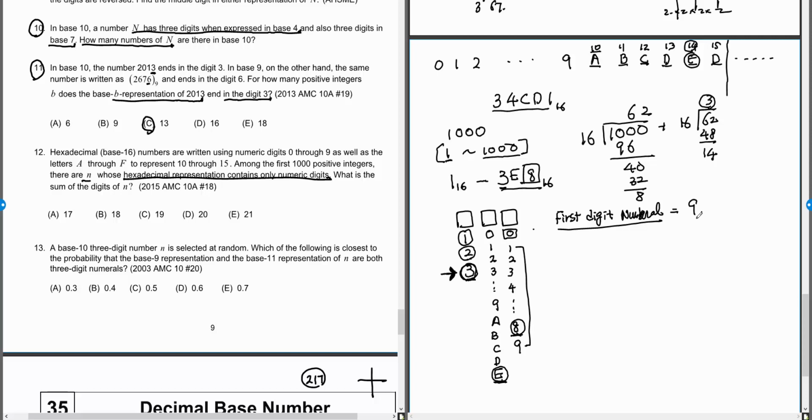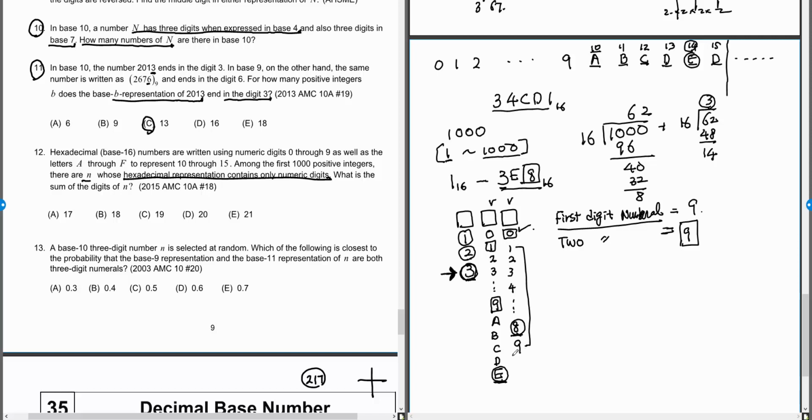Now the next is the 2-digit numbers. For 2 digits, the first digit cannot be 0. So it is 1 up to 9, which is 9 choices. Now the last digit can be 0 also, like 90, 91, something like that.